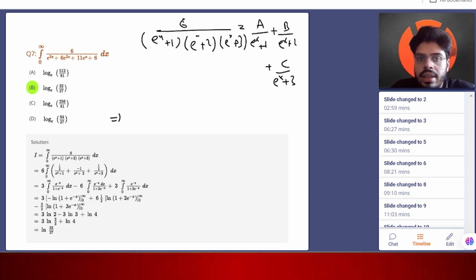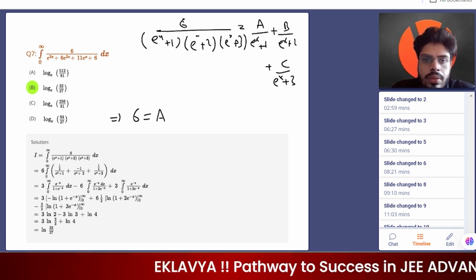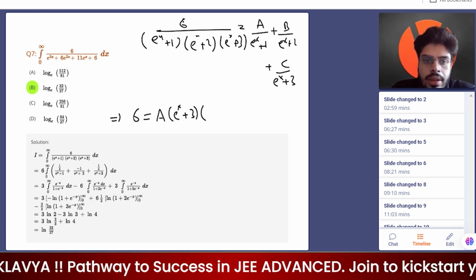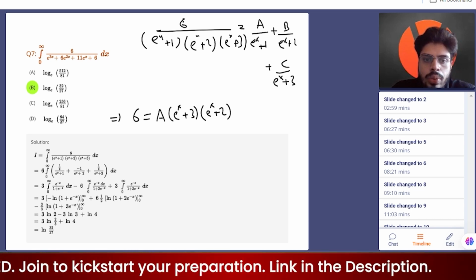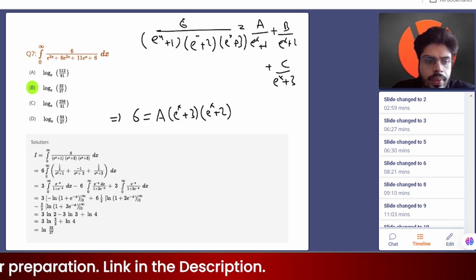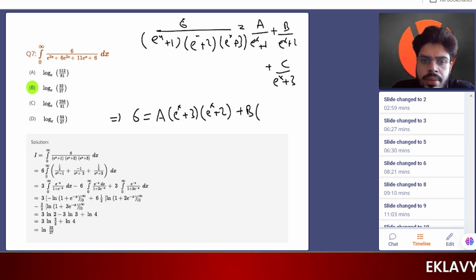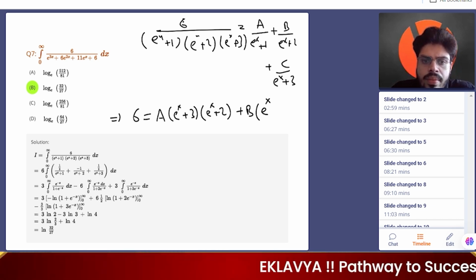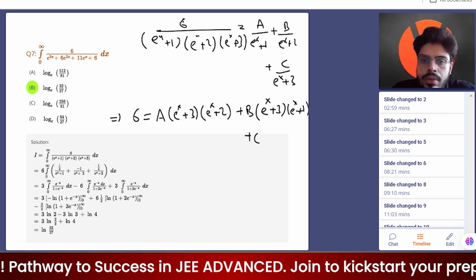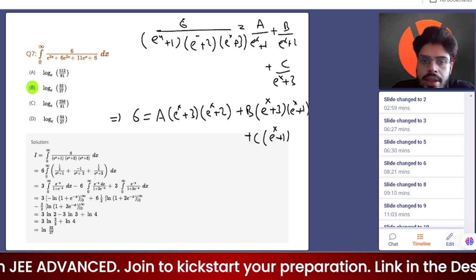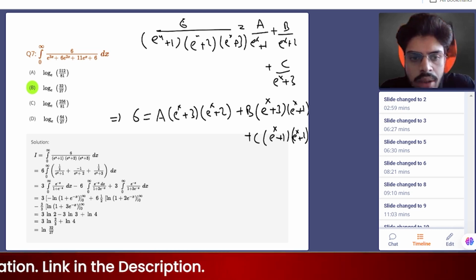If we take the LCM, we'll get 6 is equal to a times e power x plus 3 into e power x plus 2, plus b times e power x plus 3 into e power x plus 1, plus c times e power x plus 1 and e power x plus 2.